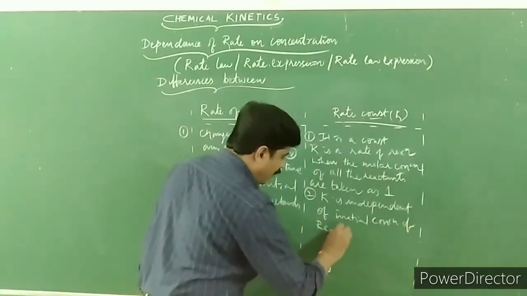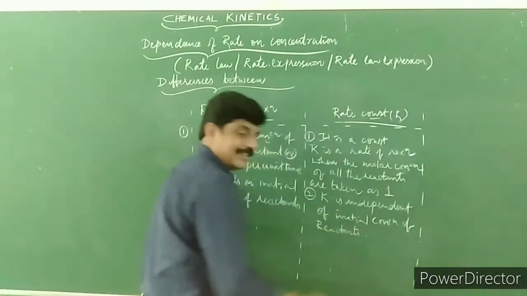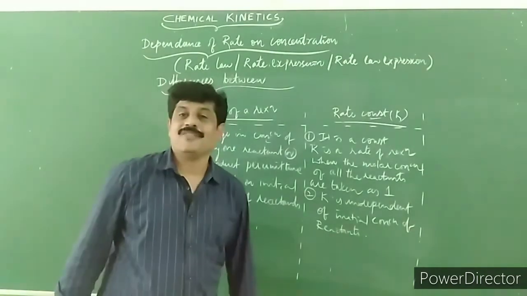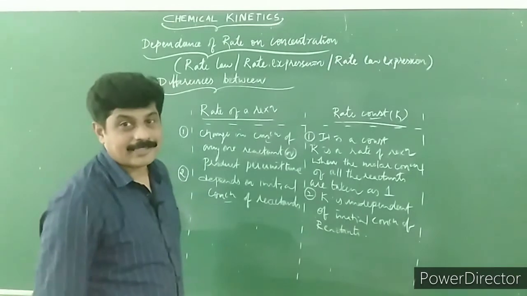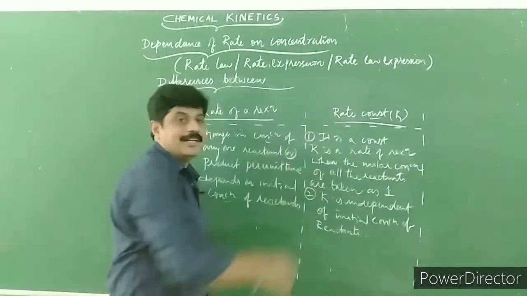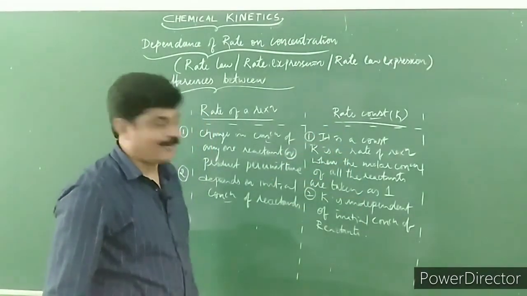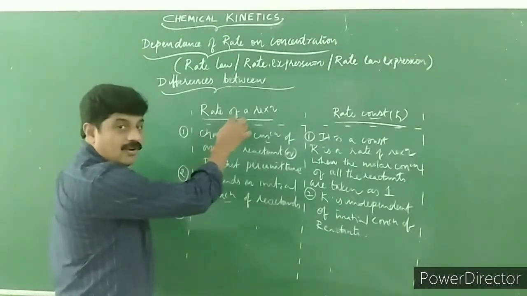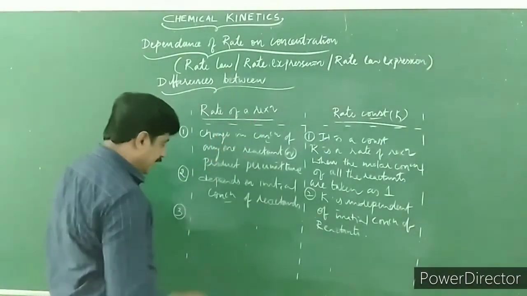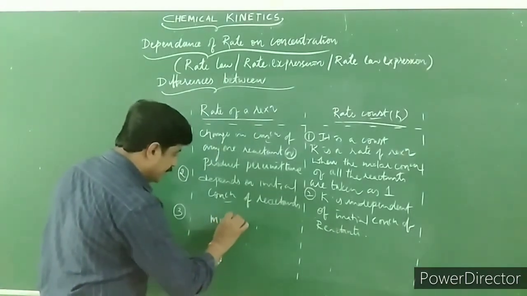Tell me why? Because we have taken the concentration of a reactant as unity in the rate law expression while defining the term rate constant. Is it not?